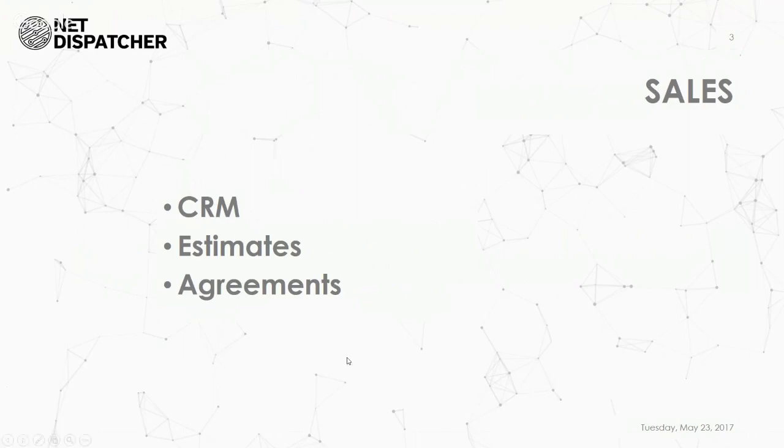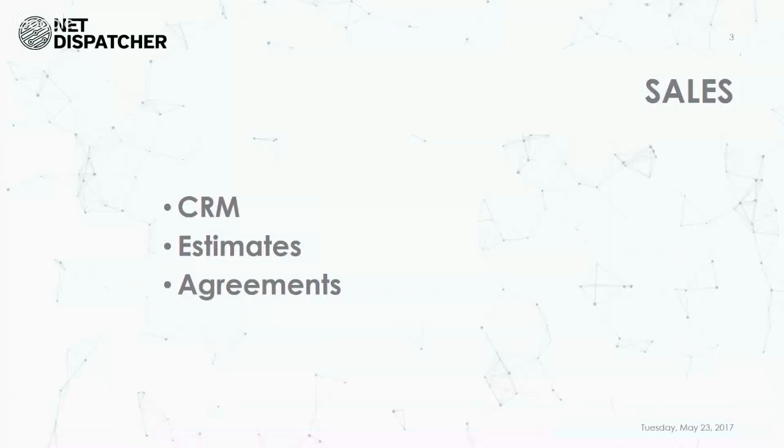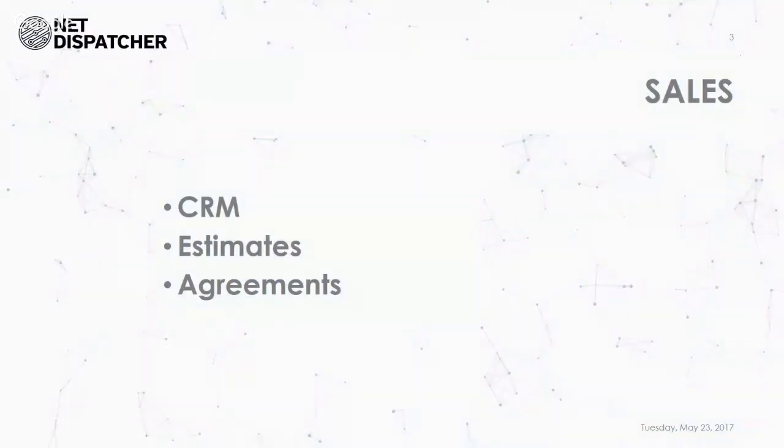Let's talk for just a minute about CRM, which is customer relationship management, estimates, and agreements. One of the things, let me see if I can pull it up right here for us to specifically look at. I'm sorry, give me just a moment. And I can't. I apologize.